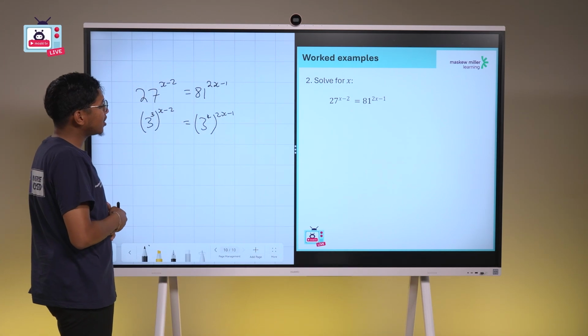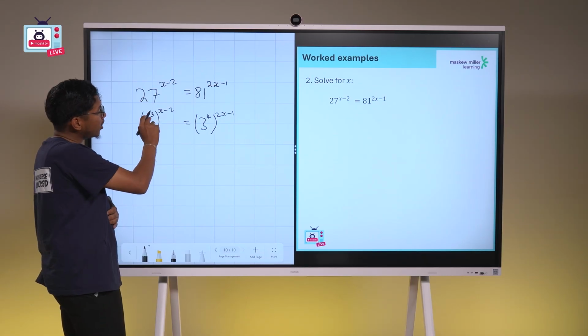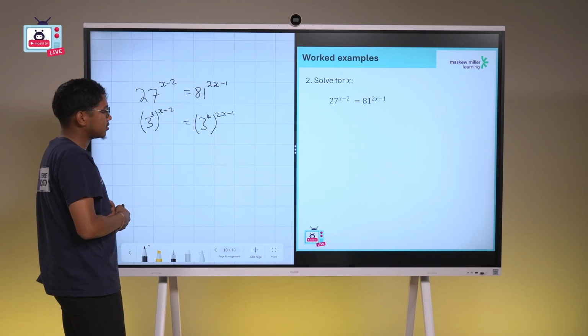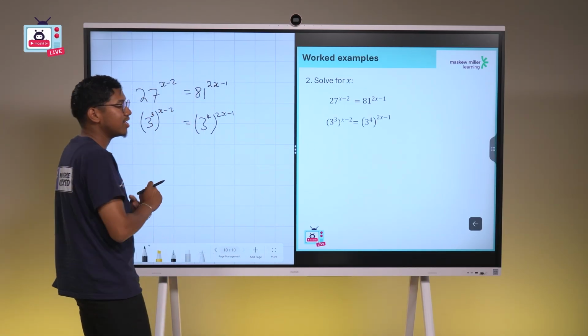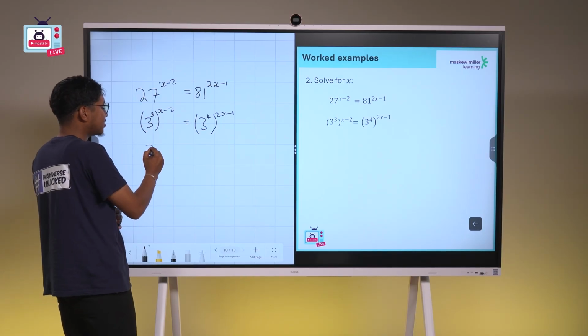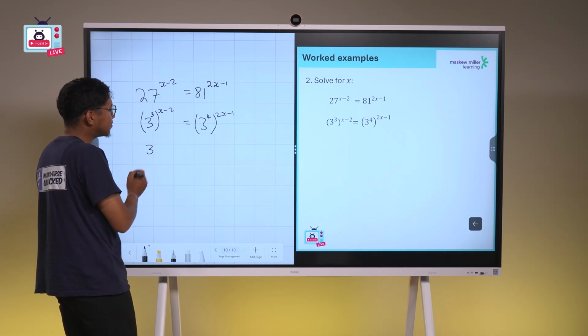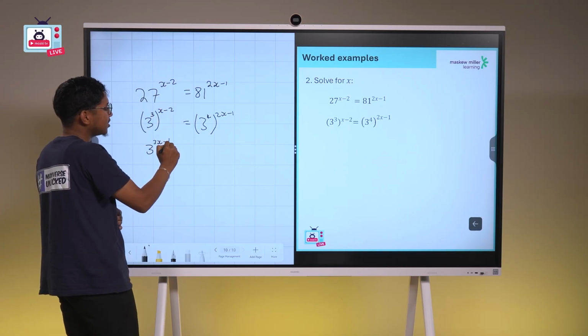So what do I do now? Now I need to apply the rule in exponents where I multiply the exponents, all right? So the base 3, as we can see, that was the first step that I've done. I've rewritten it as prime bases. So I put my base down. Now I multiply my exponents. So 3 times x is 3x, and 3 times negative 2 is negative 6.